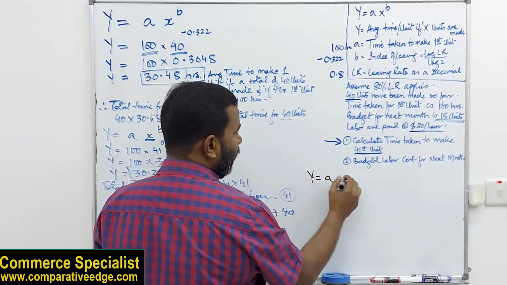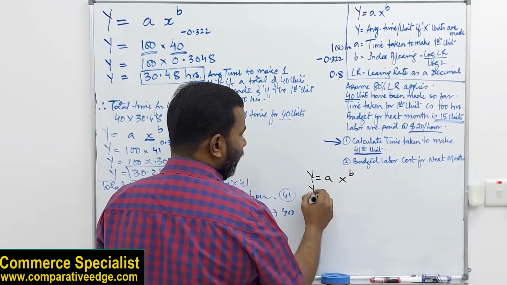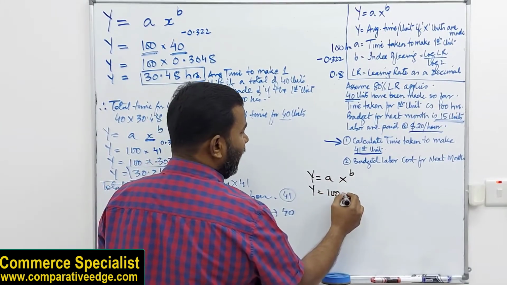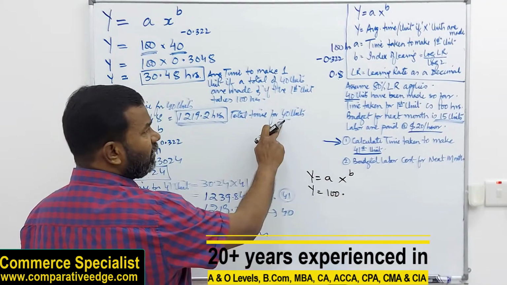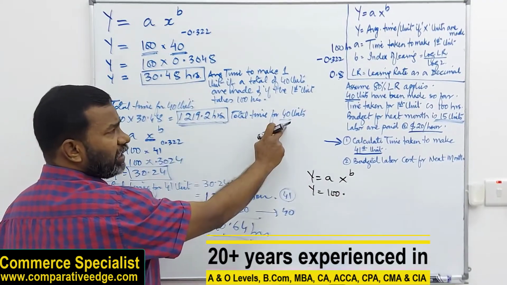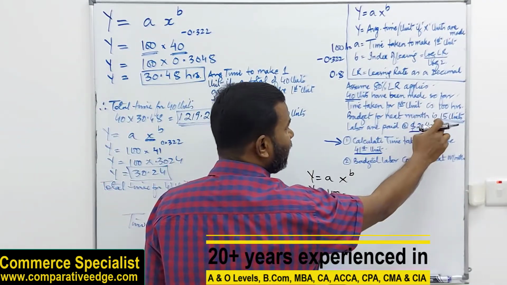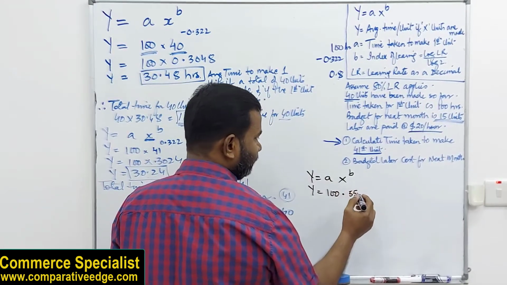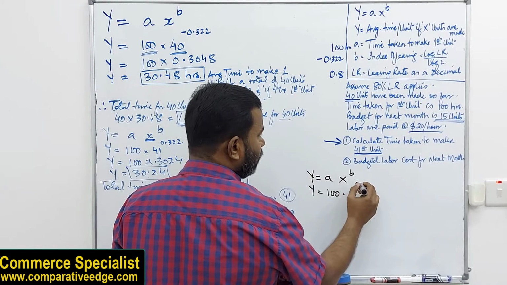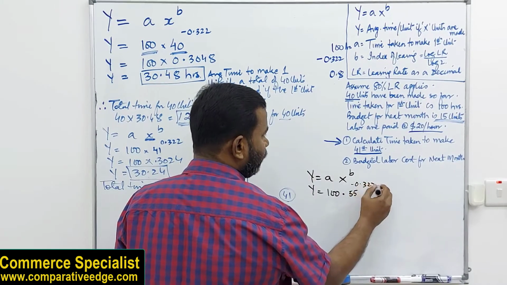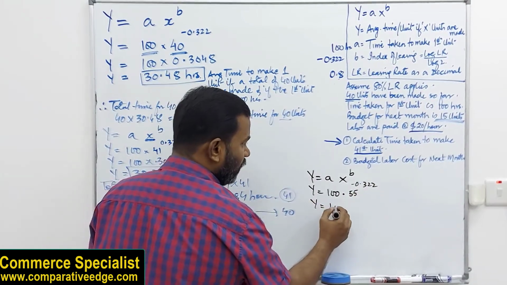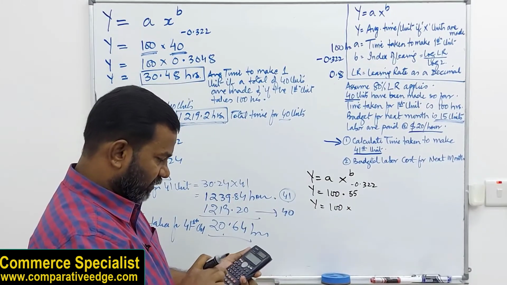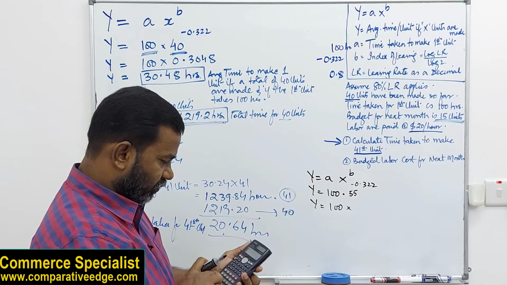Y is equal to ax to the power b. a is the time taken for the first unit, which is 100 hours. X: the 40 units I already have, and 15 we are making next month, so I'm taking it as 55 units, to the power minus 0.322. So y is equal to 100 into 55 to the power minus 0.322.